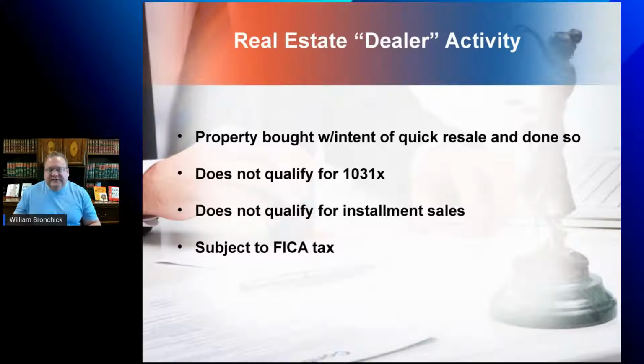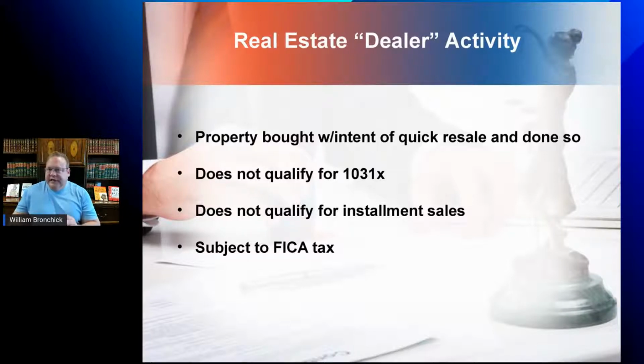What are the consequences if the IRS tags you, the taxpayer, as a dealer? Well, number one, it does not qualify for 1031 exchange treatment. So you can't buy, fix, and flip and then use the proceeds to roll into another property and defer the gains. Now, there are exceptions to that.